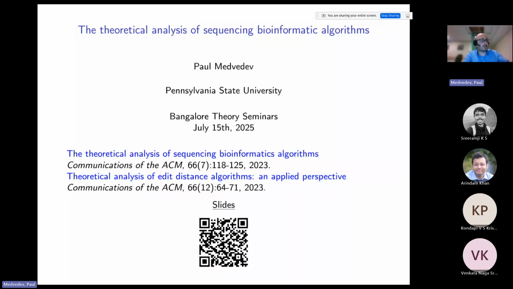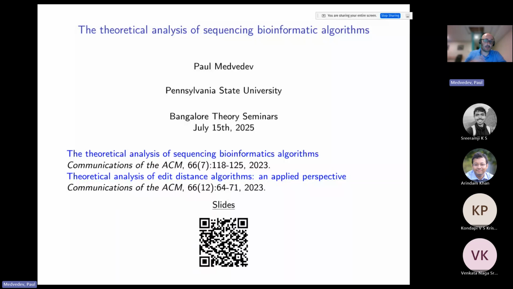And the talk is not perhaps a standard talk because it doesn't cover any of my own results. It's covering essentially two survey papers that I wrote that tried to tackle this question, and they did it by looking at the state of the field.